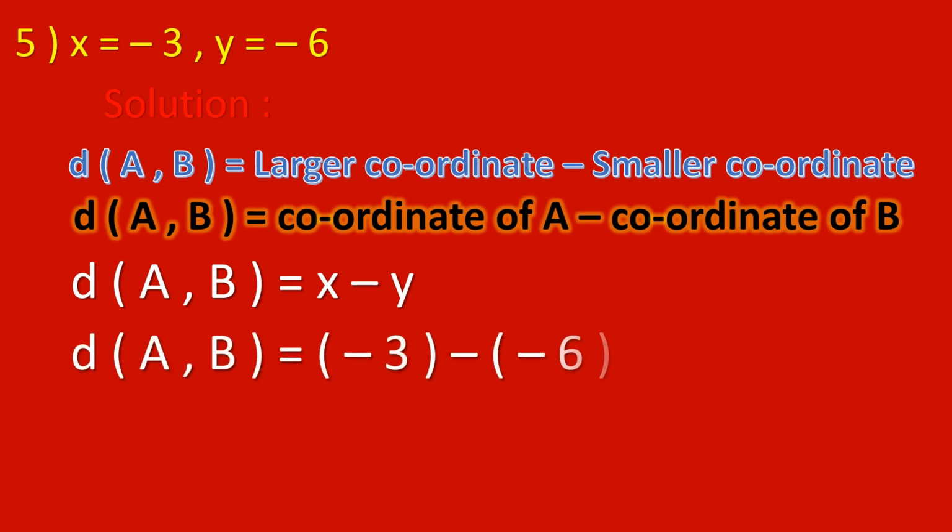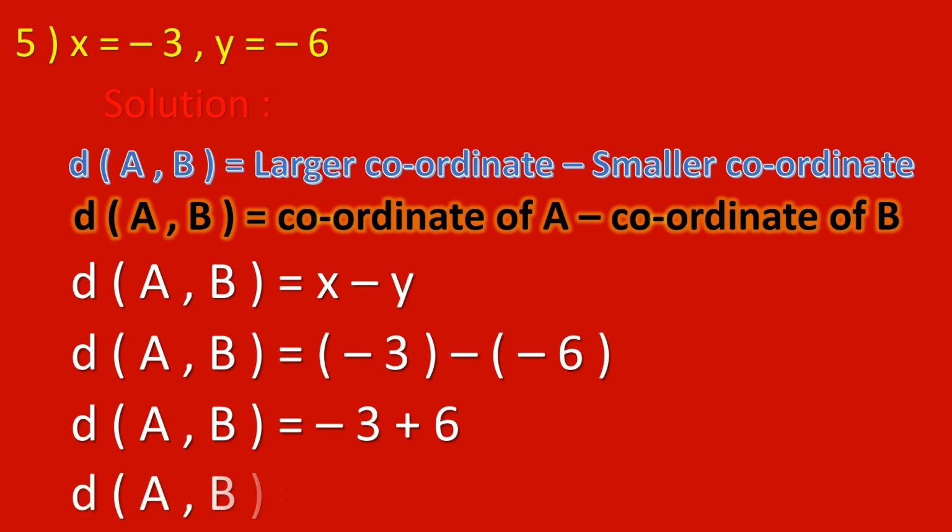So distance of AB, by substituting the value of x and y, is minus 3 minus of minus 6, which further becomes minus 3 minus minus is plus, so minus 3 plus 6. 6 minus 3 is 3. Therefore, distance of AB is equal to 3.